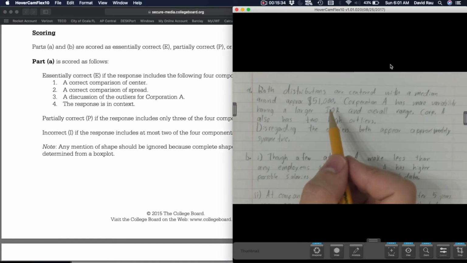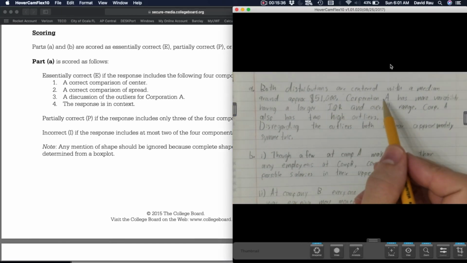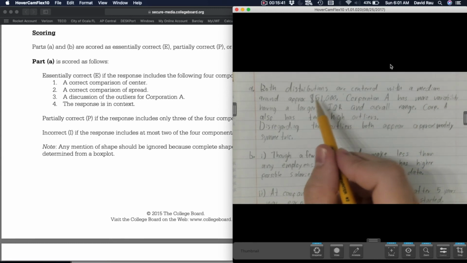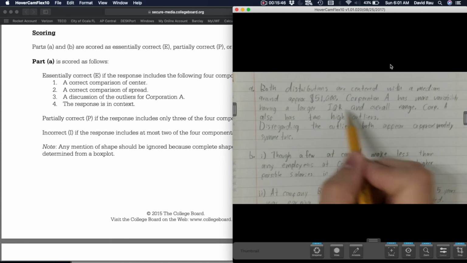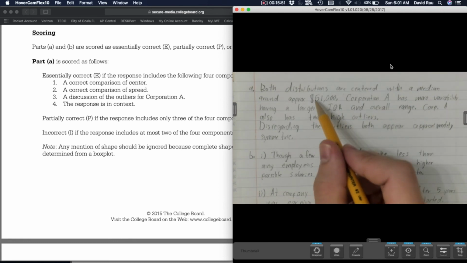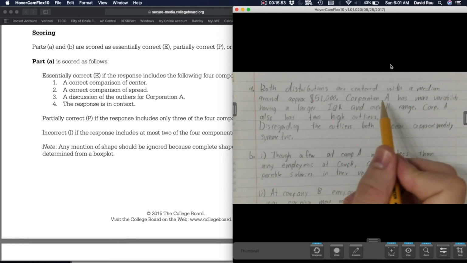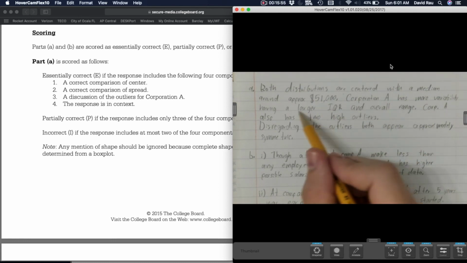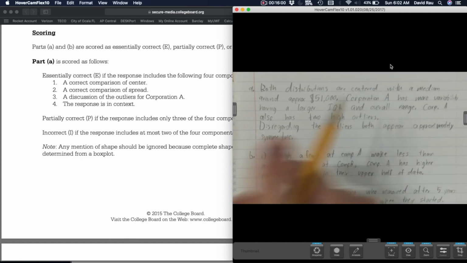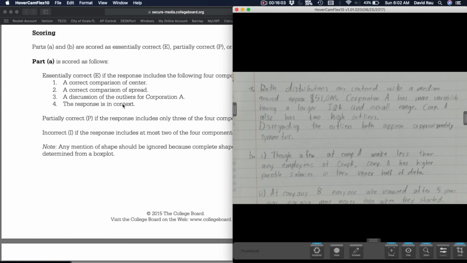So that's one thing I could have used a little bit more of. I did have Corporation A, and I also brought in the fact that we're talking about money here, but I could do a better job of explaining, center with a median around $51,000 salary 5 years later. Corporation A had more variability in their salaries. Make sure you're bringing context into it. I did a little bit. I think I could have done that more, but I still think I'm safe there.